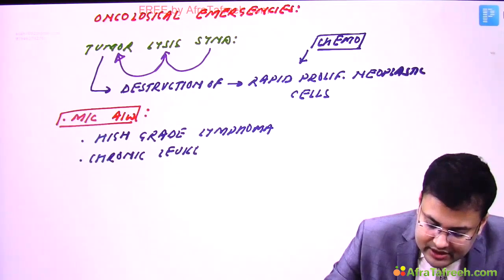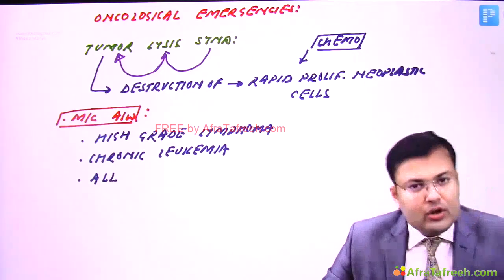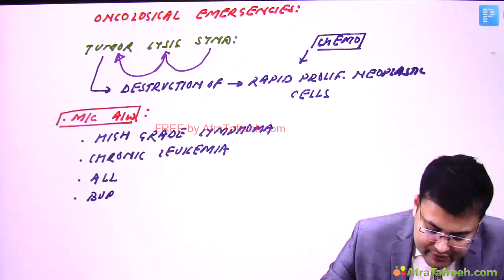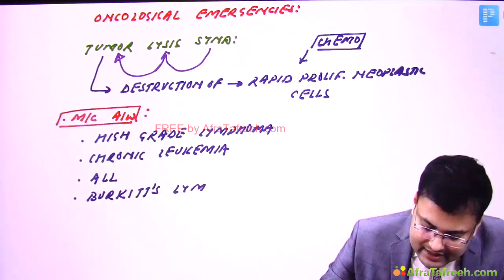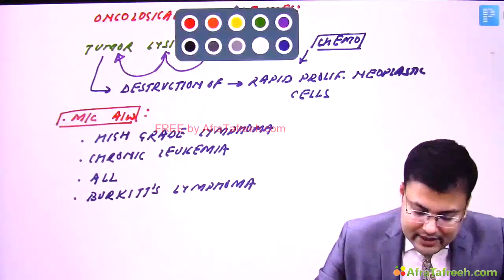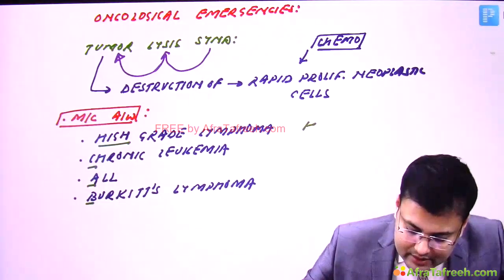You have seen children suffering from ALL in which we give chemotherapy, so acute lymphoblastic leukemia and Burkitt's lymphoma. Okay, these are the common malignancies in which tumor lysis syndrome is seen. And how to remember? It's very easy. Can you see? High CAB. So the mnemonic is high CAB.